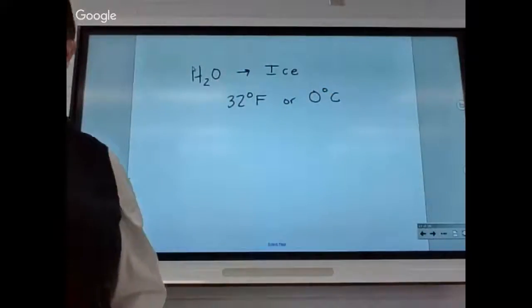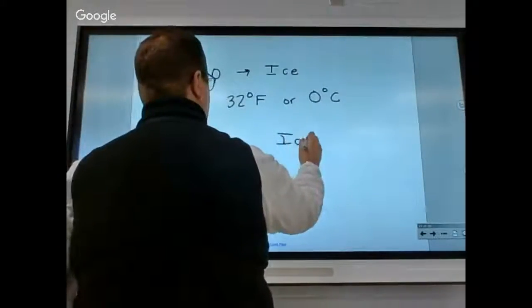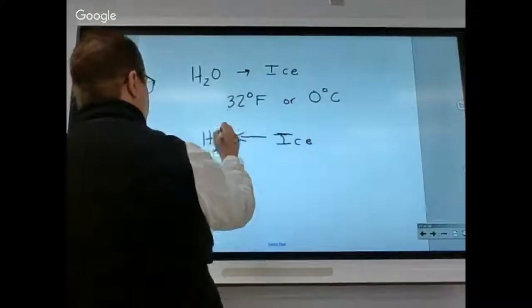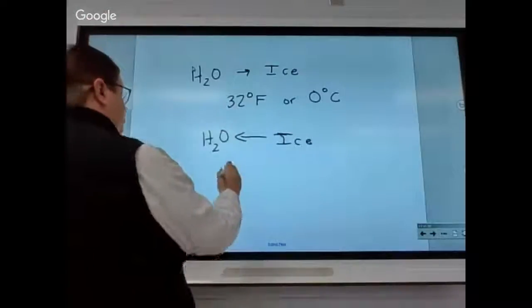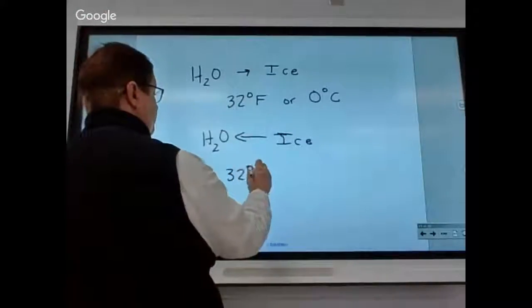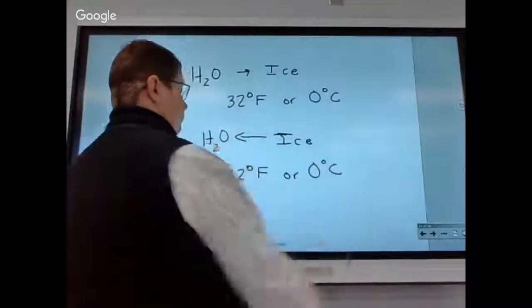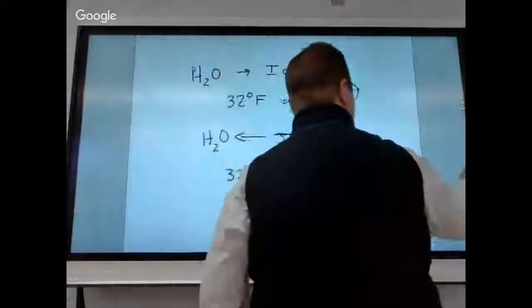Now, ice changes back into water at what temperature? What do you notice? Temperature doesn't change.